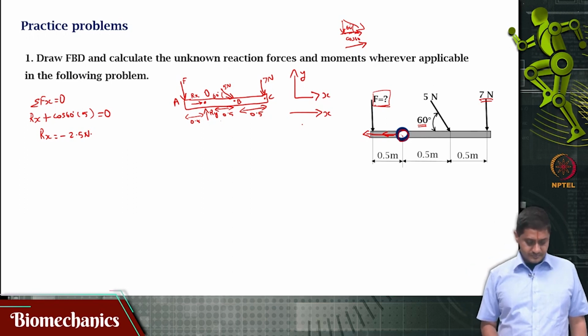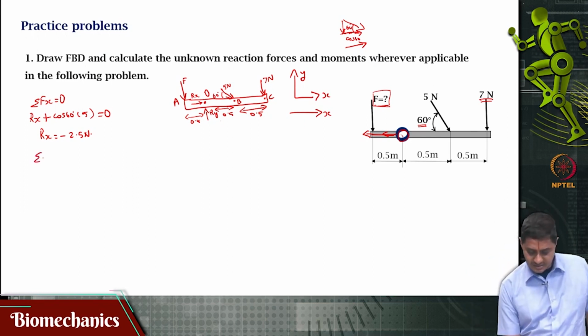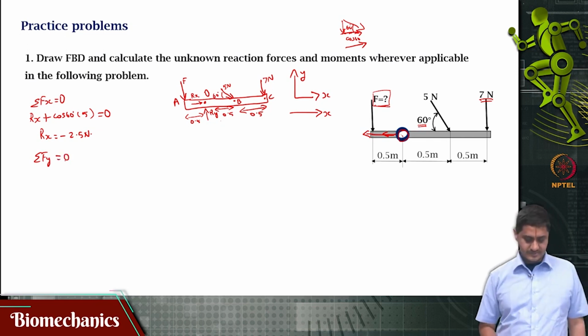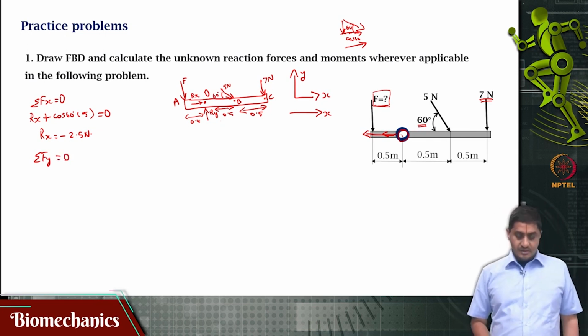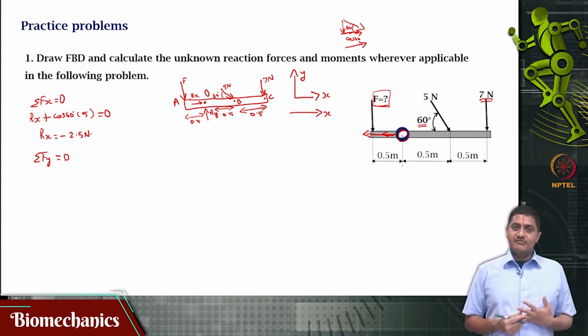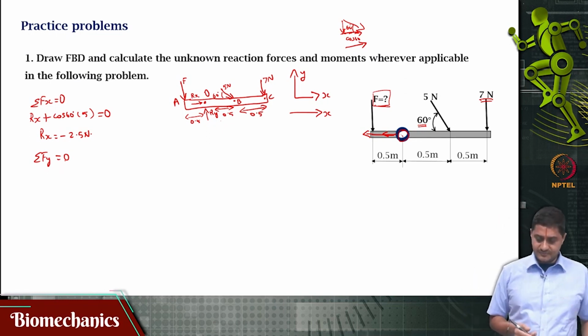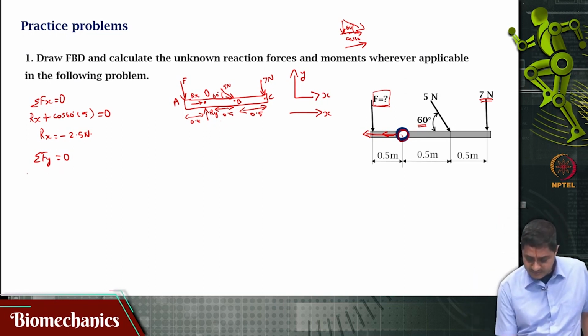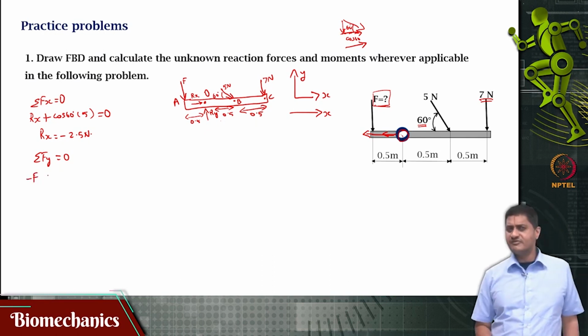Now, I can write the next equation of static equilibrium as sigma Fy equals 0, because this object does not accelerate in the y direction. The sum of all the forces in the y direction will be 0. What are the forces in the y direction? That would be minus F. Why minus F?